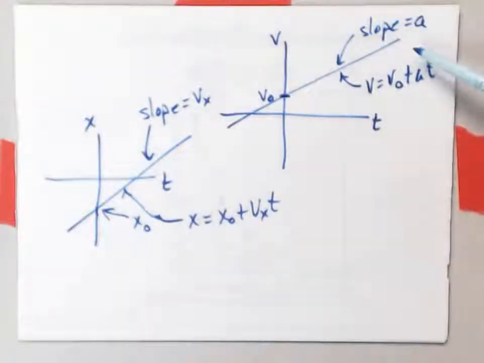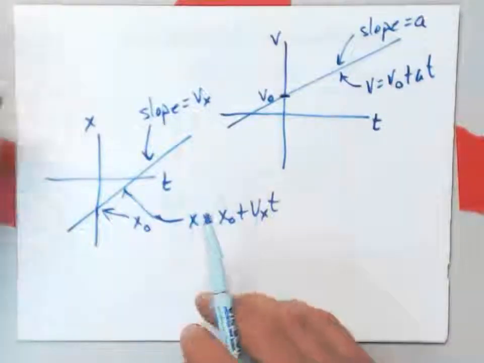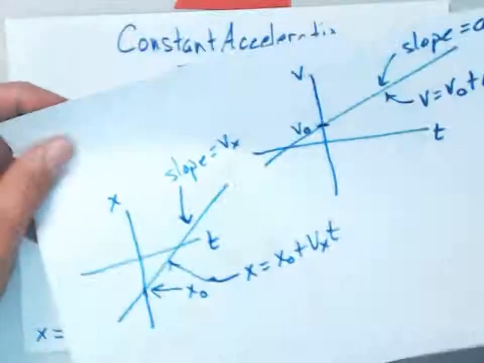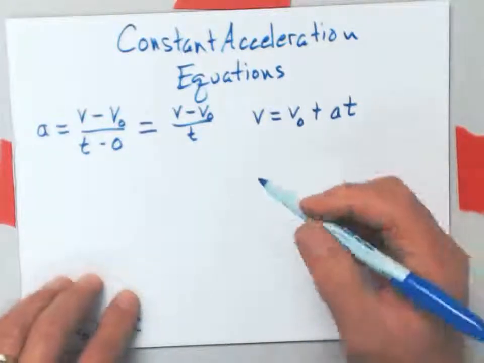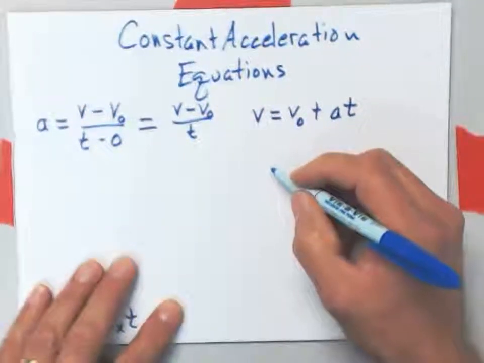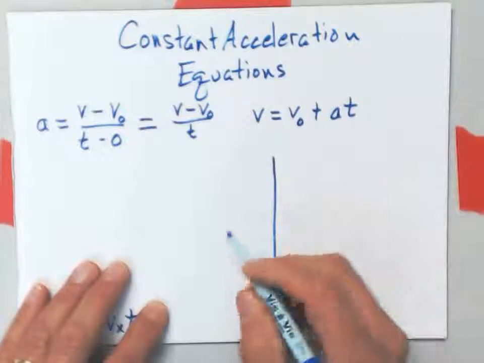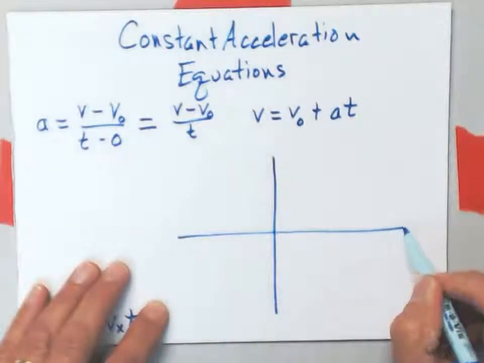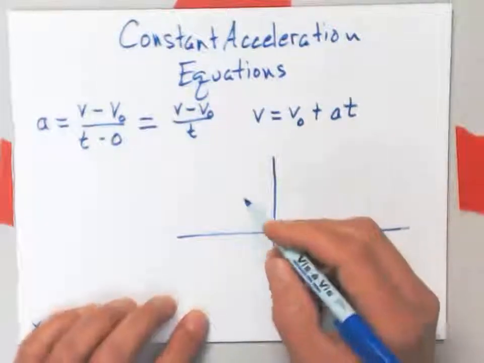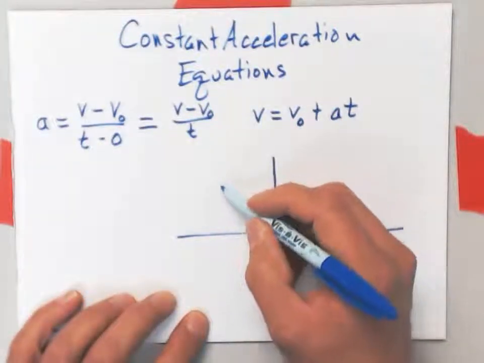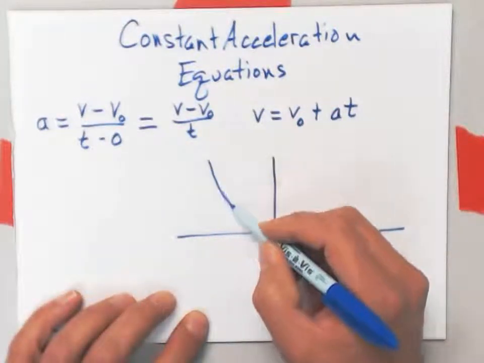But with this constant acceleration, what is the x versus t graph going to look like? Well, we need to graph that. It can look like various things depending on the values of x naught and v naught, but the curve ends up being a parabola.